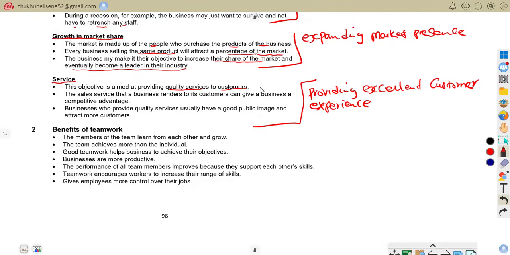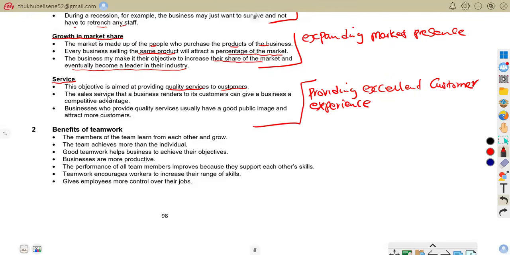So that's when you're giving quality service to your customer. That is one of the types of objectives of the business: to provide quality service to your customer so that they can make repeat purchases, so that they will come again, so that they will remain with the business.